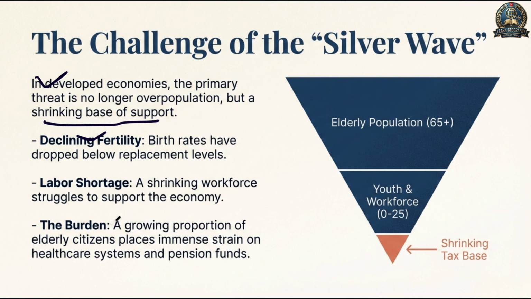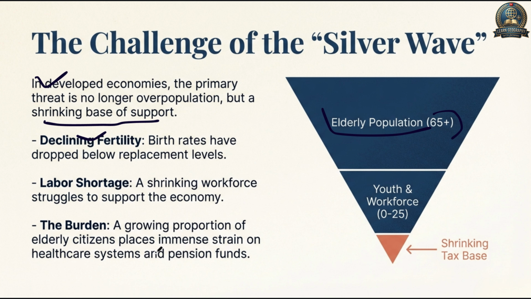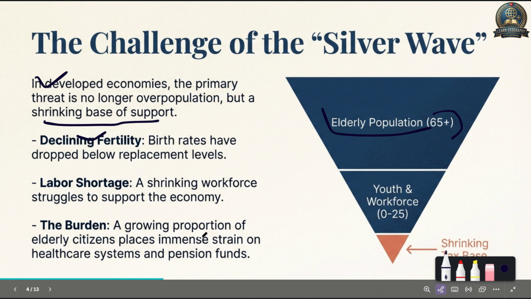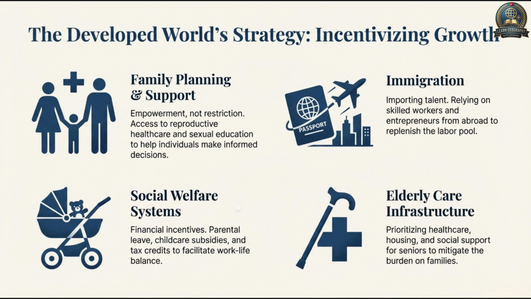The burden: a growing proportion of elderly citizens, the population 65 and above, places immense strain on healthcare systems and pension funds. This is the scenario in developed countries. Now, what will be the initiatives?